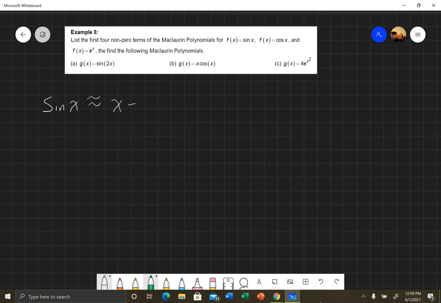The second one, x minus x cubed over 3 factorial plus x to the 5th over 5 factorial minus x to the 7th over 7 factorial. And again, this was one that we had done earlier in one of our previous examples. So this might be one that you want to memorize. It's pretty straightforward. It's the odd terms. So x minus x to the 3rd over 3 factorial plus x to the 5th over 5 factorial minus x to the 7th over 7 factorial.